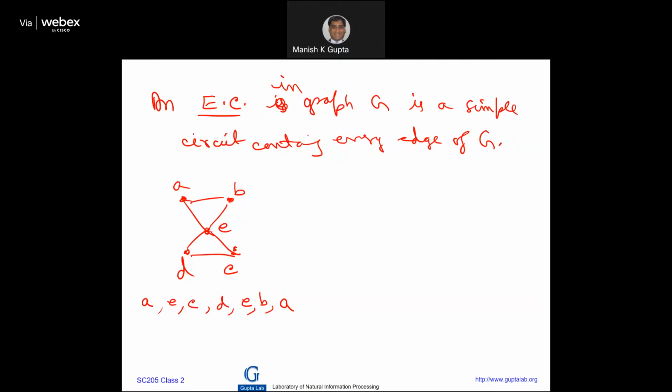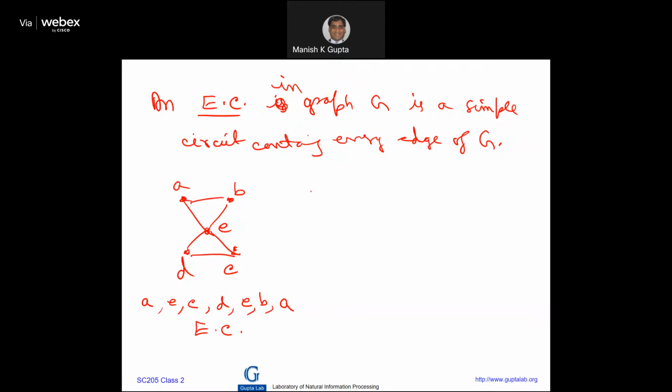Starting from A, go to E, go to C, go to D, go to E, go to B, and go to A. I am duplicating the vertex, but I am traveling every edge exactly once, right? Every edge is only once, right? So starting from A, I am coming back to A. So it's a circuit, and it contains every edge. Okay. If every edge is there, that means this is known as Euler circuit.